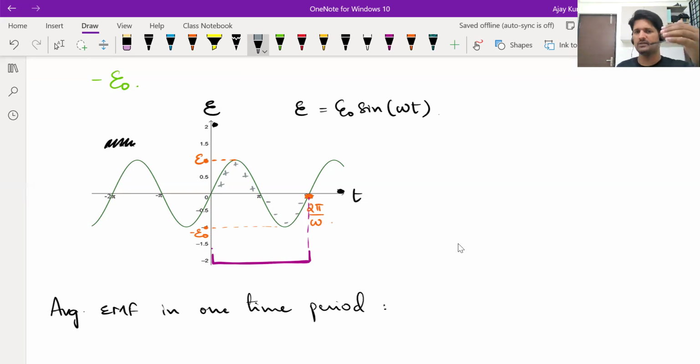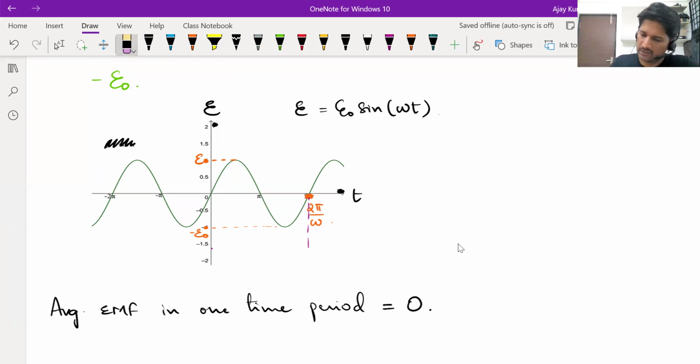Generally also for a sine function, average value over one complete interval will be 0, because in one complete interval, whatever positive values the sine function assumes, it will also assume the same negative values. So average EMF in one time period is definitely 0.